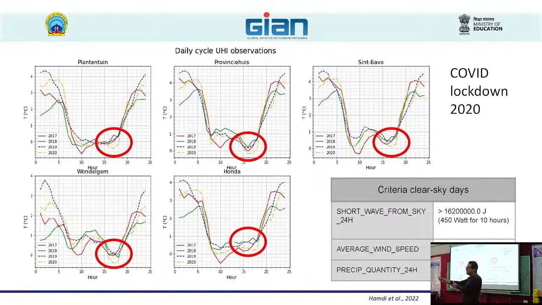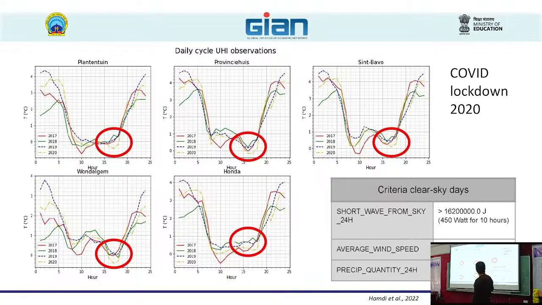You know, with COVID we had the lockdown in 2020, and because we started this measurement in 2016, 2016, 17, we had some years before the lockdown, and we just compared the observations of 2017, 18, 19 with the one of the COVID year, 2020. We wanted to know how the urban heat island changed during the COVID period, the lockdown.